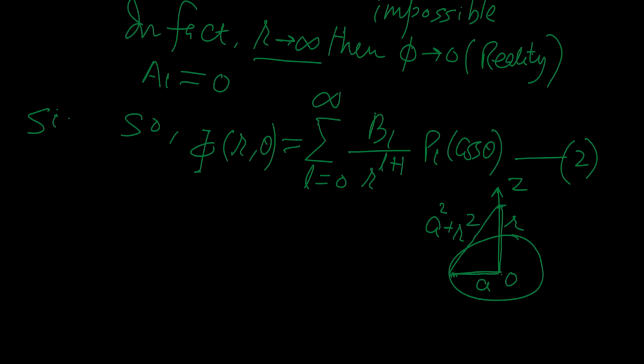As all the points on the ring are equidistant from this point, this is the distance of any point.